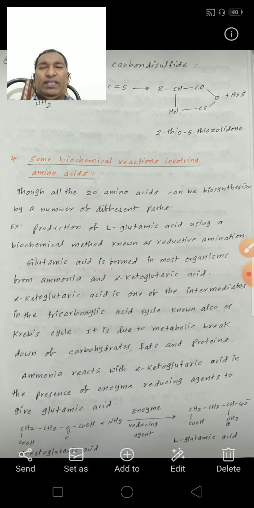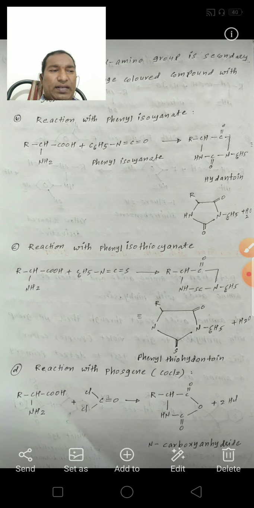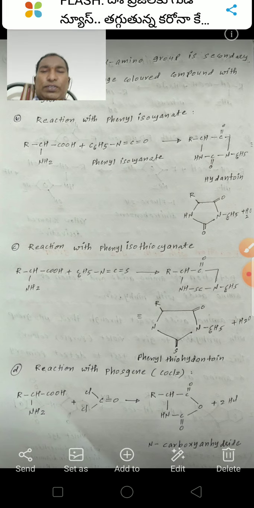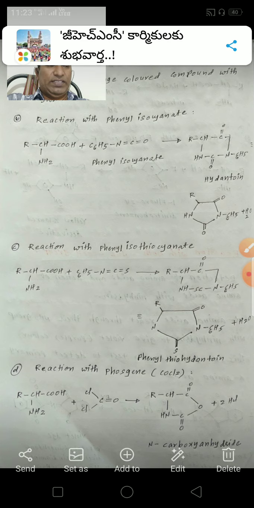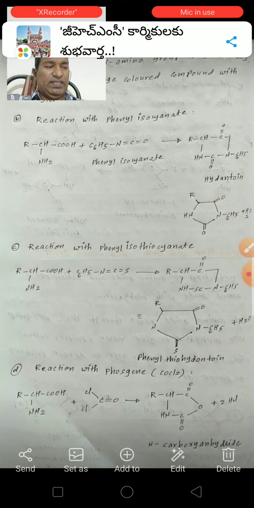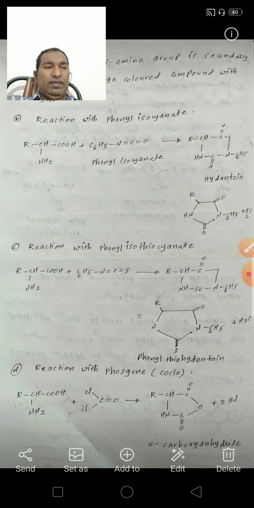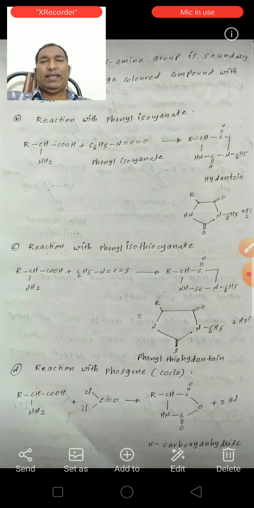So these all are the reactions involving both NH2 and COOH groups. First one is the reaction with ninhydrin. Second one, reaction with phenyl isocyanate.